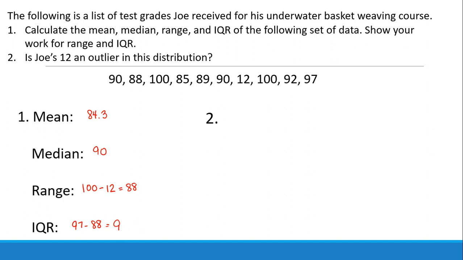Number 2 says, is Joe's 12 an outlier in this distribution? So you need to do your lower boundary and upper boundary. So my lower boundary would be my Q1, which is 88, minus 1.5 times my IQR, which is 9.